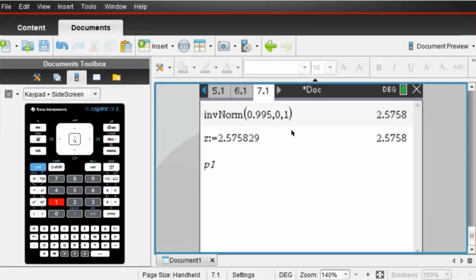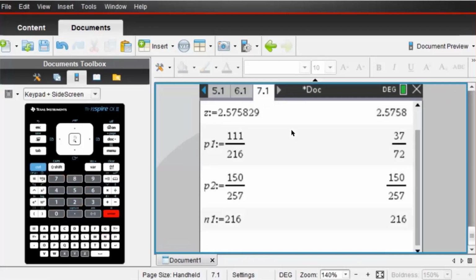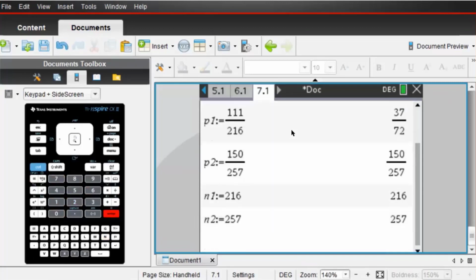P1 for T was 111 over 216. P2 was equal to 150 over 257. N1 was equal to 216, and N2 is equal to 257.